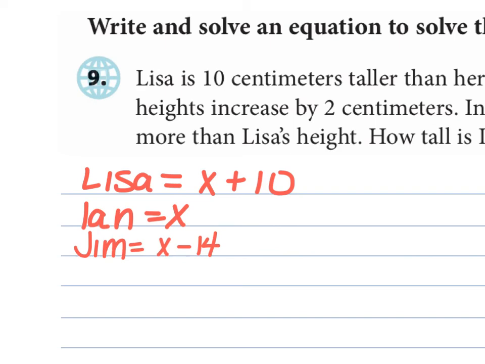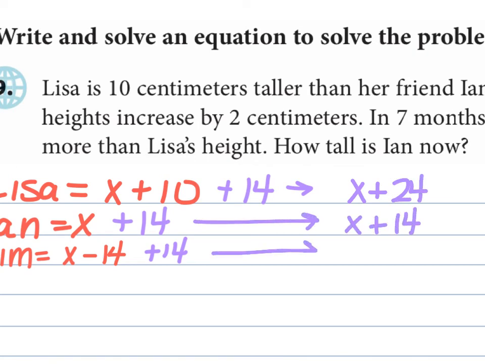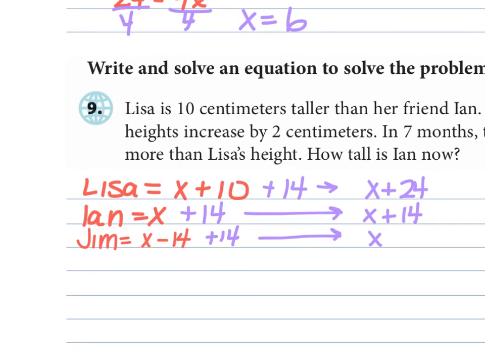Oops, I'm going to change the color so we see the difference. So plus the 14, plus the 14, plus the 14 is going to give us x plus 24, x plus 14, and just x. So now, after the 7 months, Lisa is the x plus 24, Ian is the x plus 14, Jim is just the x.